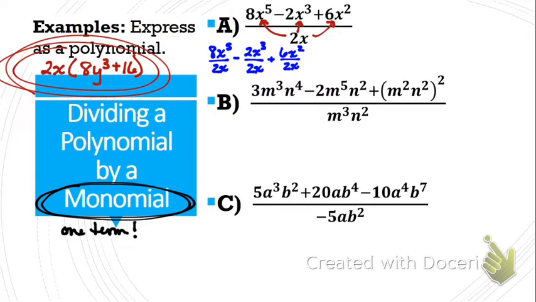If you go right to dividing and reducing in your head and you write down your final answer, that is fine. What will my first term be fully reduced? 4x to the 4th. And then we're going to have x to the 2nd, plus or minus? Minus. And my last term, plus 3x. Beautiful.